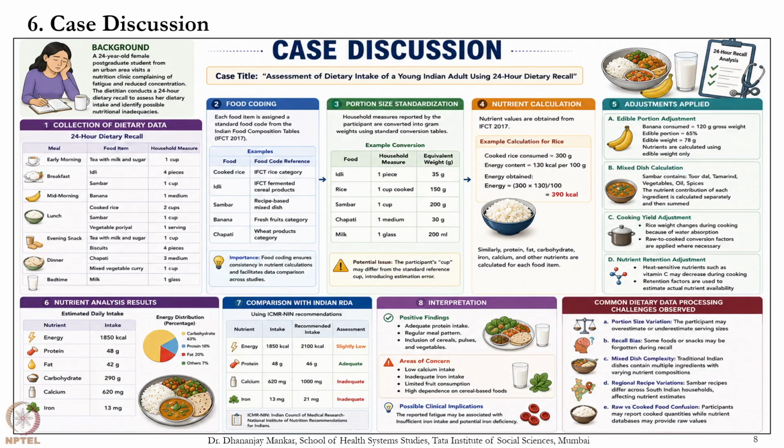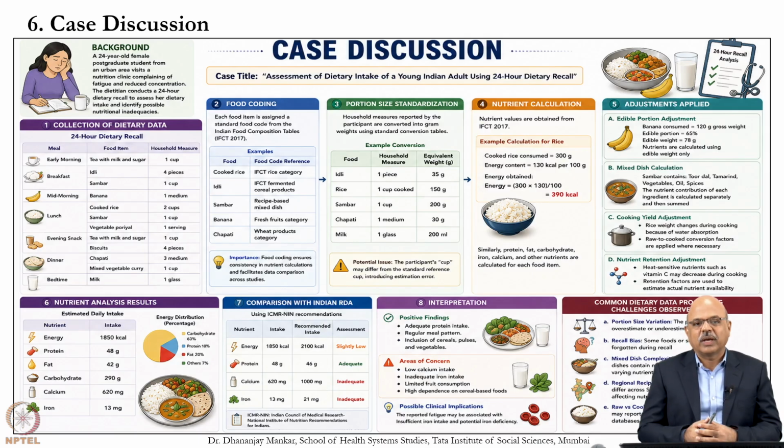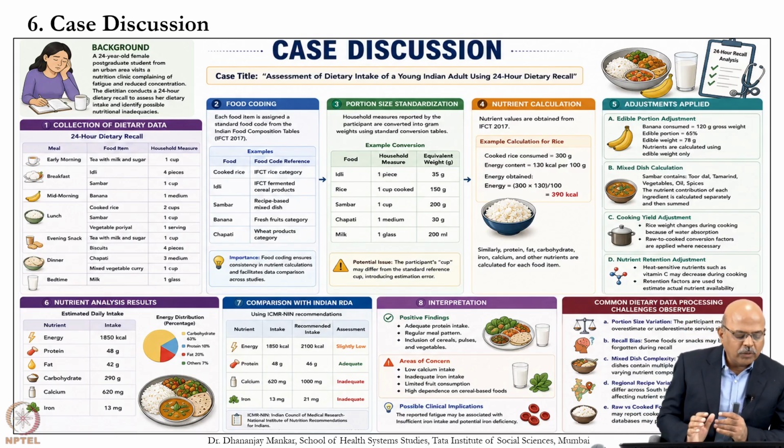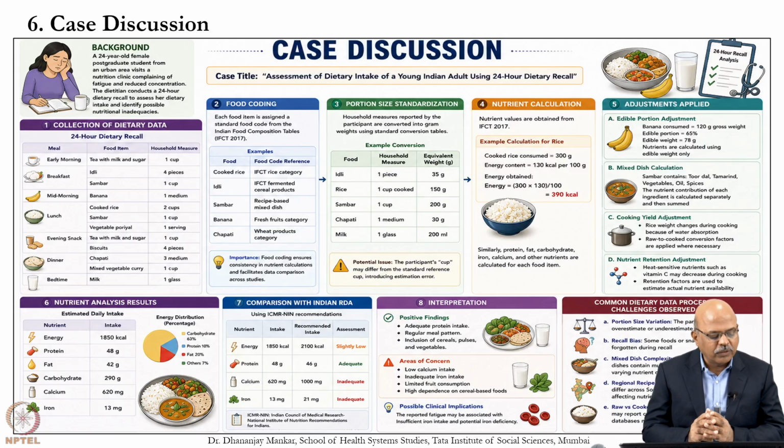Then we'll come to a discussion of a case study, highlighting a 24 year old female, a postgraduate student from an urban area, who visits a nutrition clinic complaining of fatigue and reduced concentration.